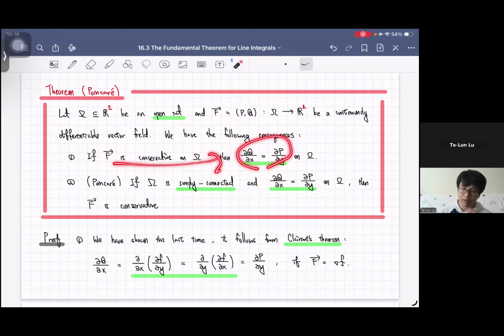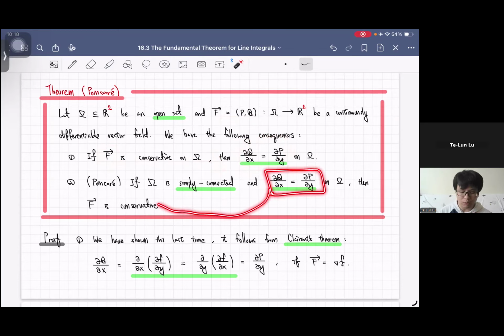We will show that it is actually sufficient, meaning that as long as this holds, then you have conservativity under some condition. This is way better than what we have done before, because it is a verifiable computation. You don't have to choose 10 million different paths and still not prove conservativity. You simply evaluate the differentiation of the components of the vector field.